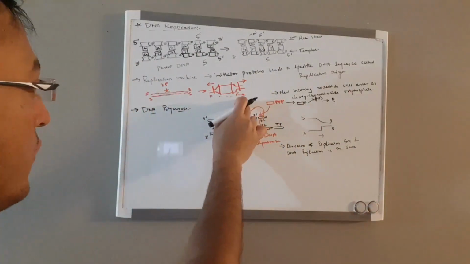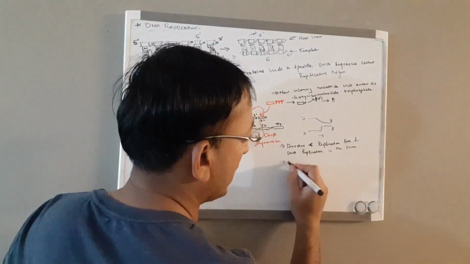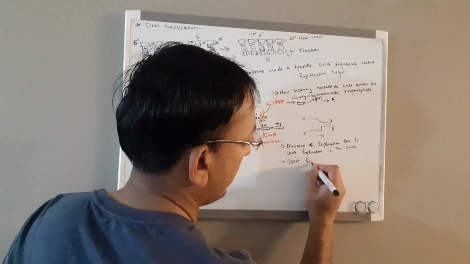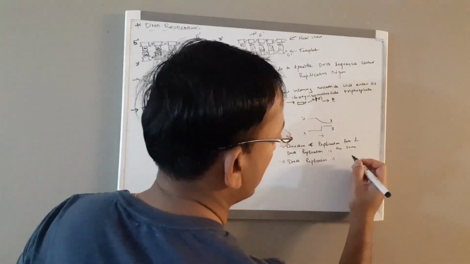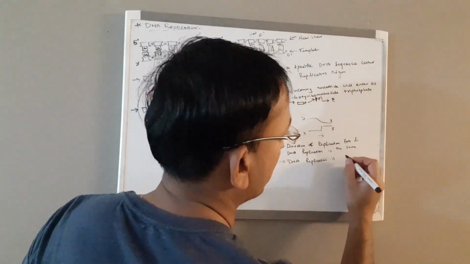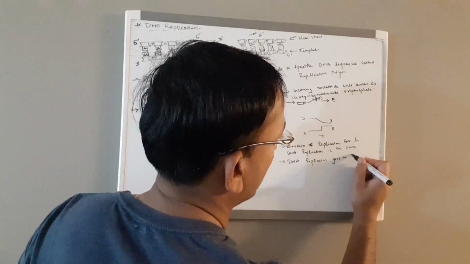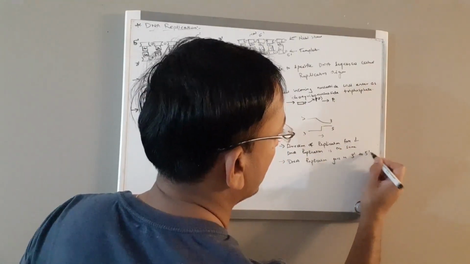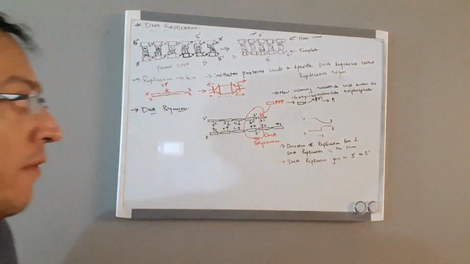If this goes 3 to 5, this goes this way 3 to 5. DNA replication will be done in the 3 to 5 direction. So what happens to this above?